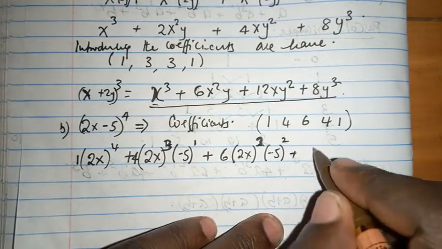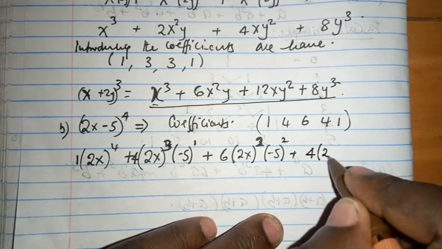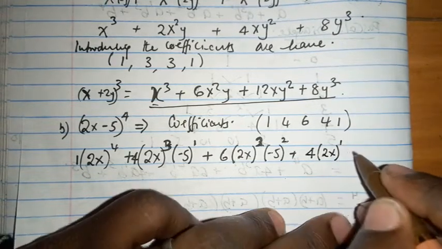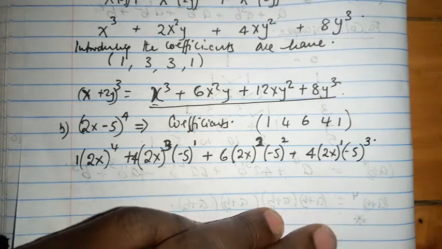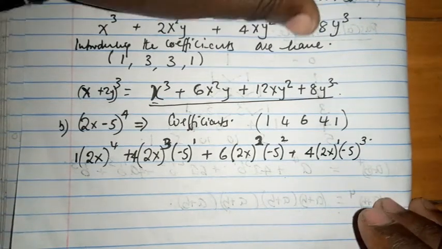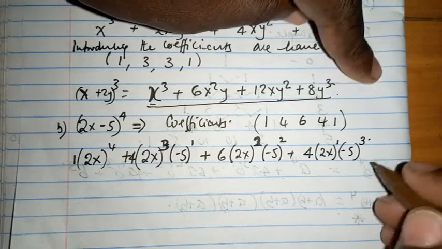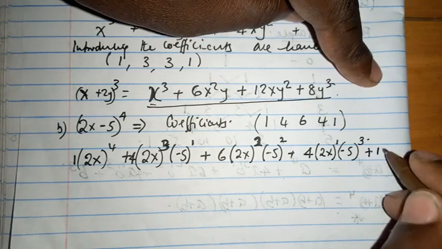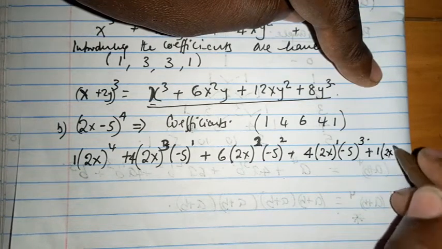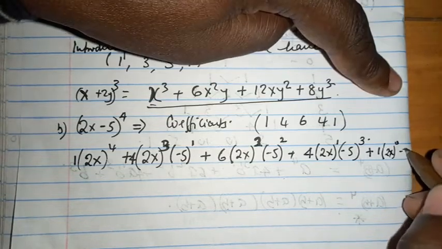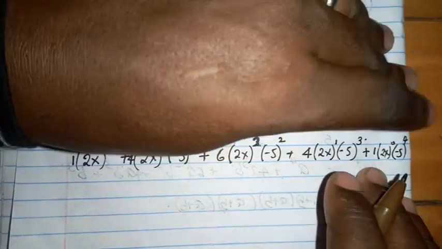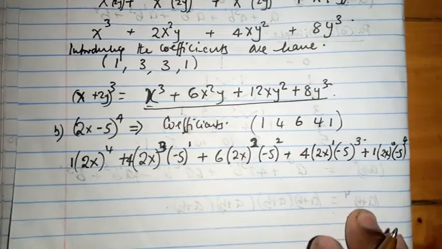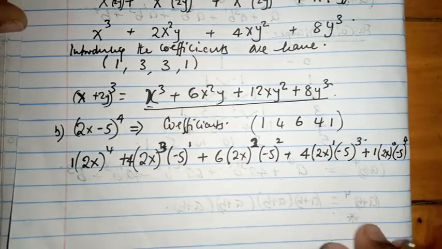Plus the coefficient is 4, 2x raised to power 1 minus 5 raised to power 3. And finally, the very last term, the coefficient is 1, 2x raised to power 0 minus 5 raised to power 4.